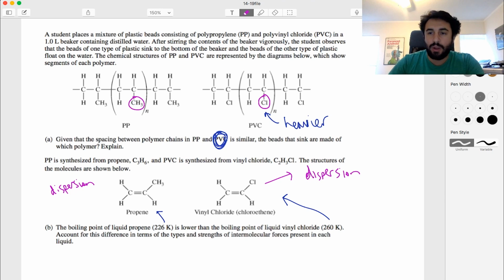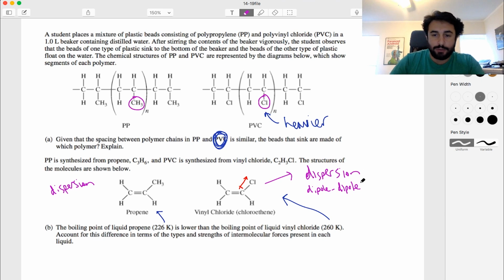But what we also need to understand is that whereas there's not really any dipole moment here because we don't have any polar bonds, over here a carbon-chlorine bond is polar, right? So we have this bond dipole right here, which means that this is capable of dipole-dipole interactions, right? Any molecule that has a net dipole can do dipole-dipole interactions. They can interact with one another.